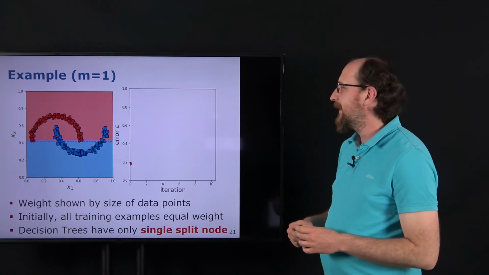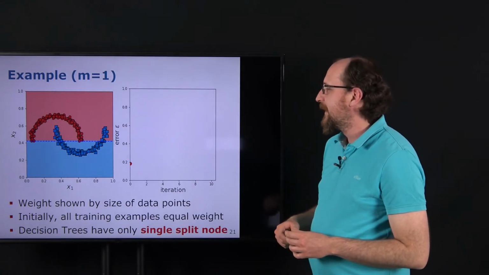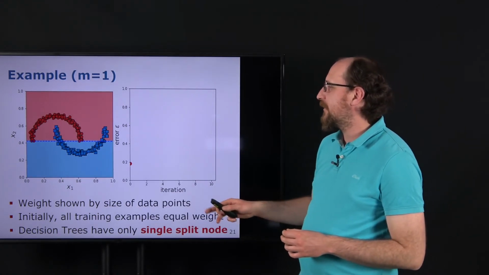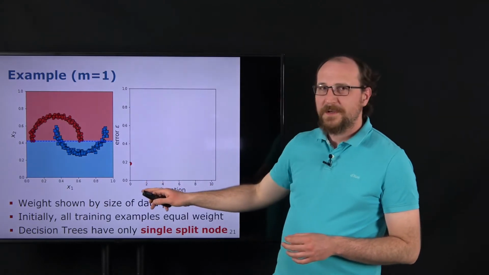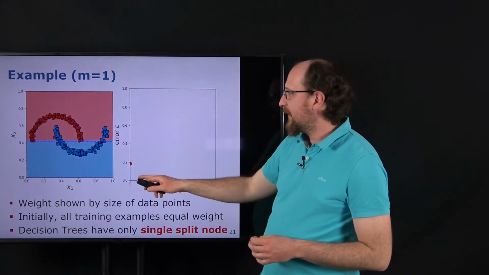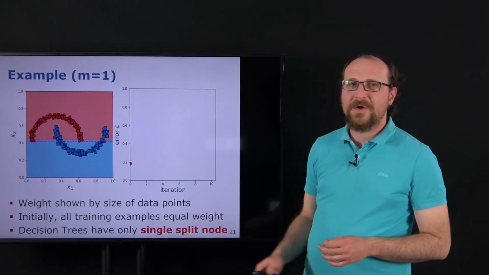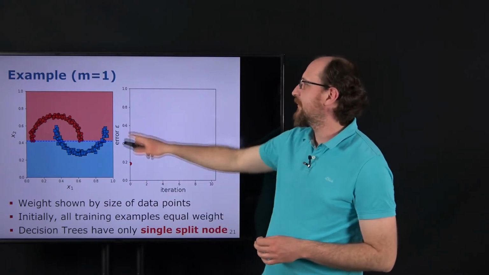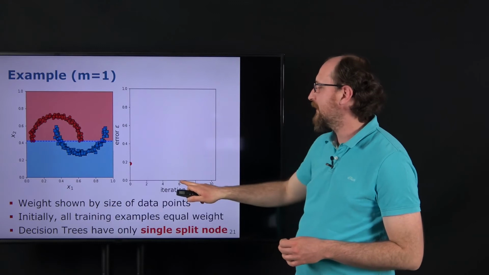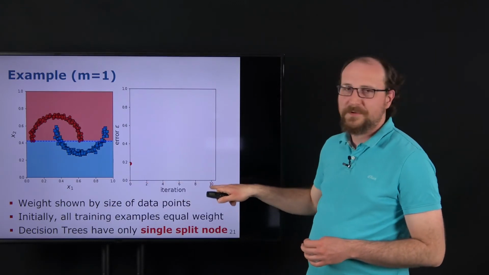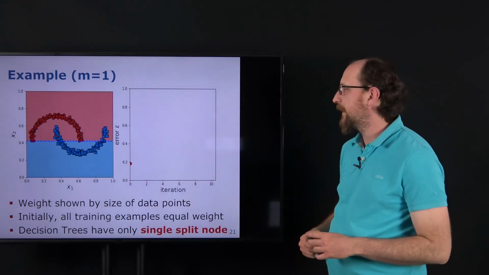So we just count how many examples we have wrong and divide it by the overall number of examples. Therefore it ranges from 0 to 1. And we want to have in the end a training error of 0, or near 0.